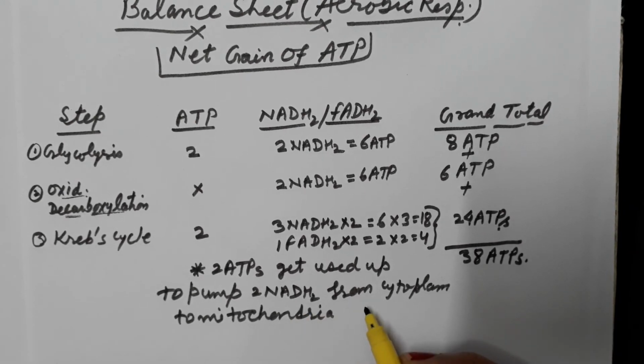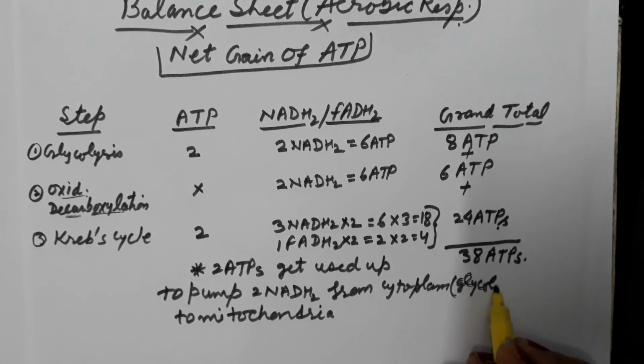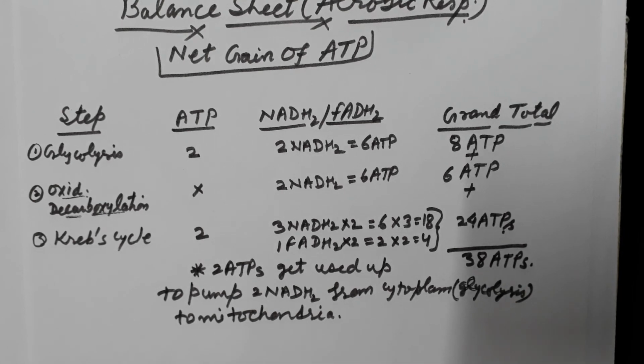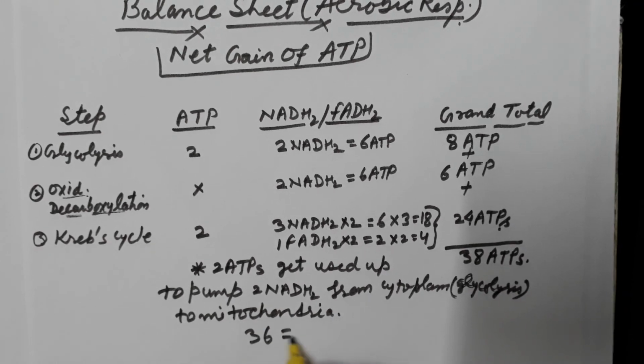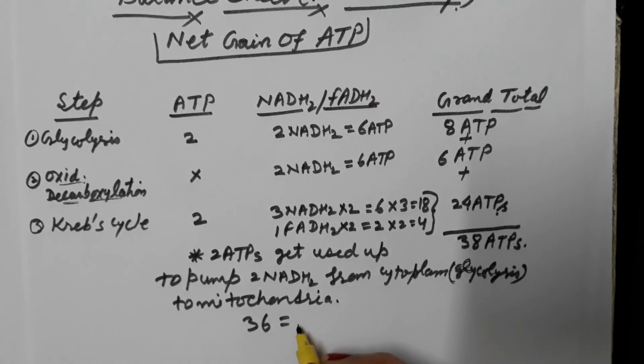These 2 NADH2 from the cytoplasm, which are produced in the glycolysis process, are pushed into the mitochondria, so we can encash the NADH2 into ATP synthesis. So 2 ATPs get used up. So on the whole, 36 ATP are produced in aerobic respiration.